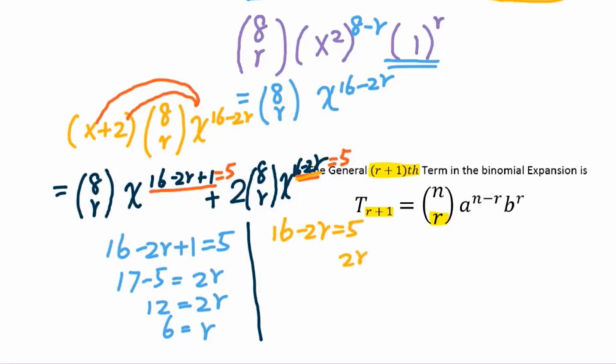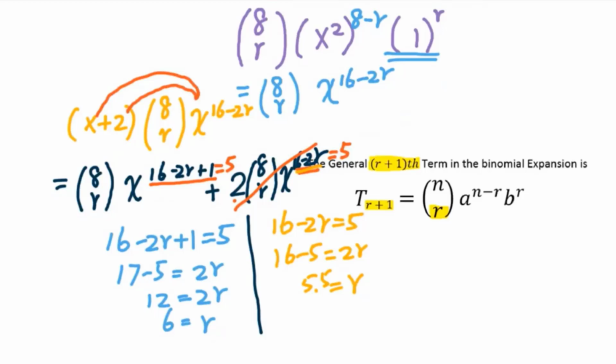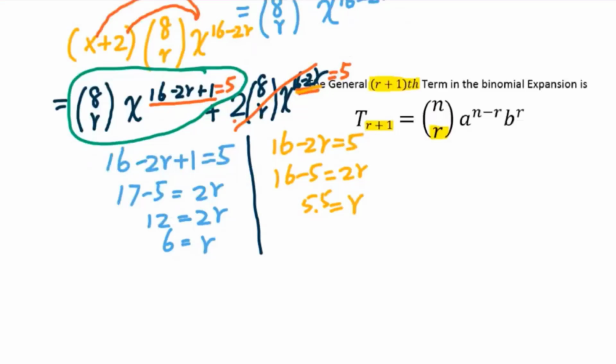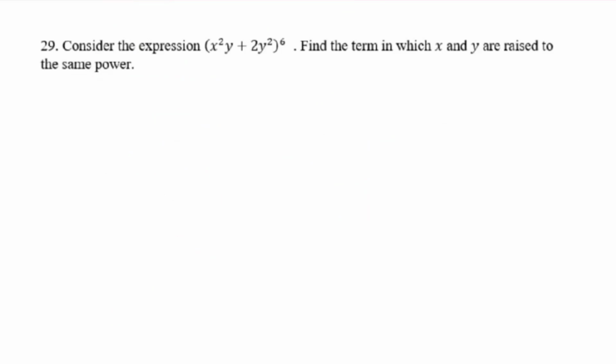Then 2r equals 16 minus 5, so r equals 5.5. Since r must be a natural number, this one is gone. In other words, only this one remains, and the coefficient will be 8 choose 6. We put it into the calculator and get 28.